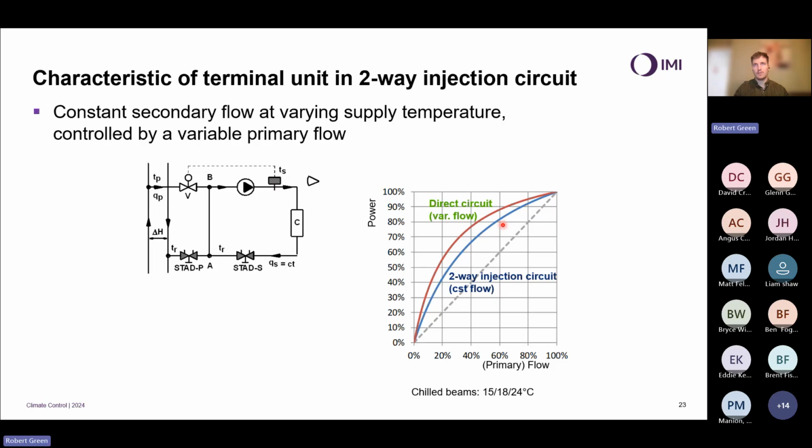It's the better solution if we're wanting a high level of control, in particular at low loads. Because in particular at low flows, when my velocity starts to drop off, this red example is an ideal solution. Chances are actually below 20% flow, depending on the coil size, we're going to get a massive cliff edge drop off in output. So actually, we're going to get very little control of that bottom end. Whereas we're going to maintain a stable level of control with my injection type circuit.